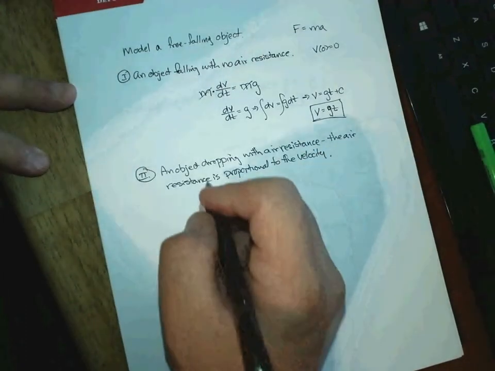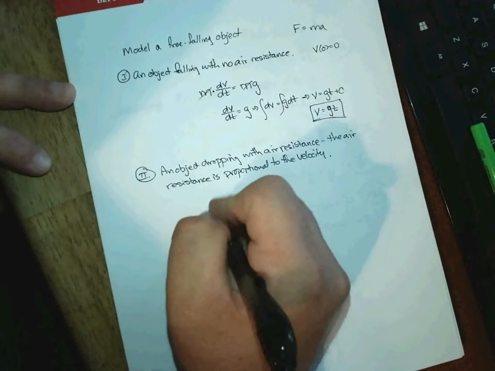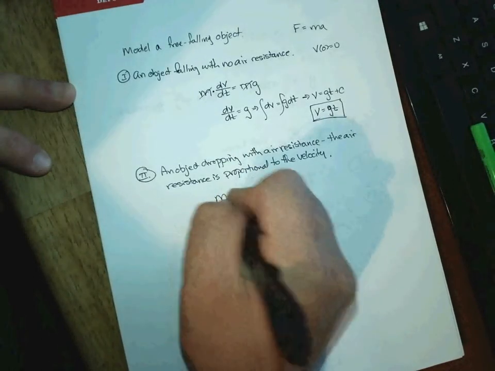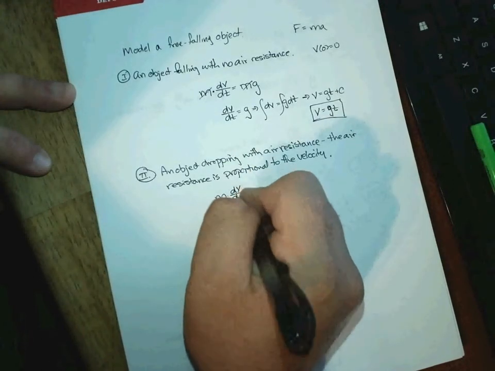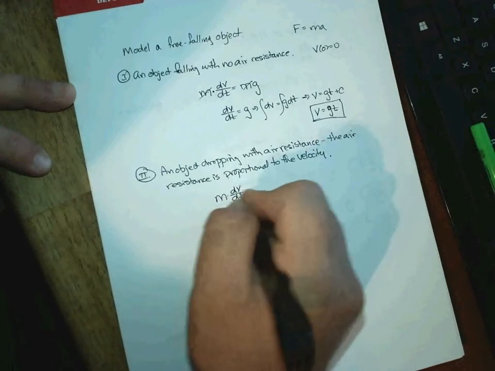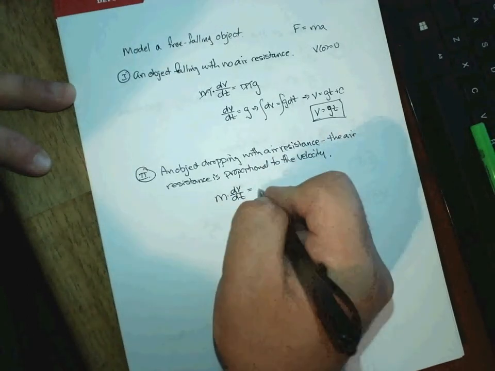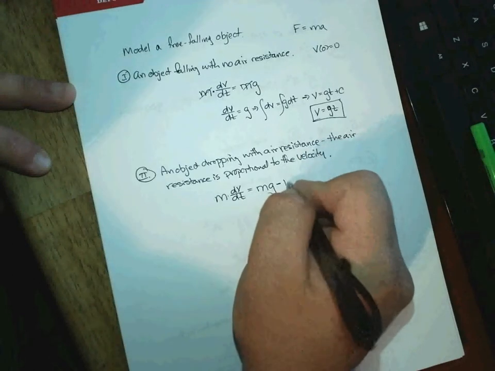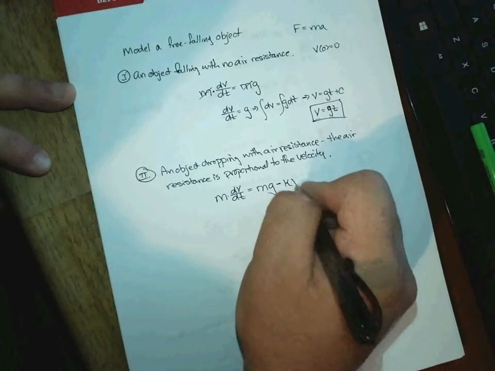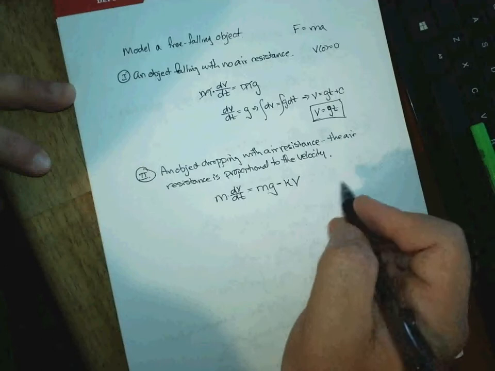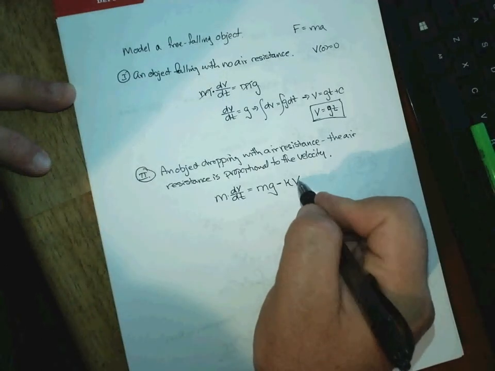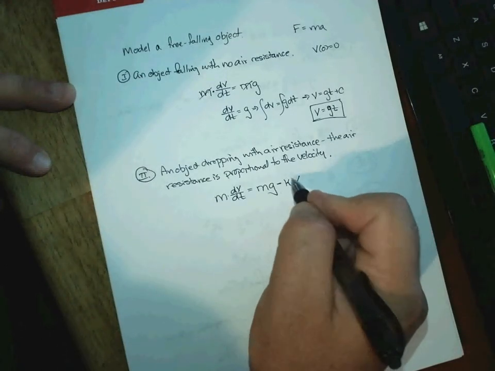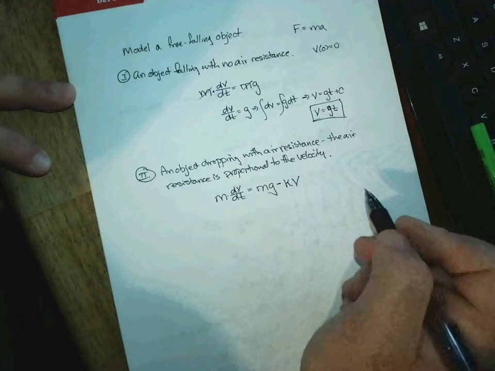The differential equation we get is m times dv/dt, again mass times acceleration, equal to the force of gravity on your mass being impeded by some constant of proportionality k times the velocity. In other words, as your velocity increases, the resistance is proportional to it by this constant of proportionality.